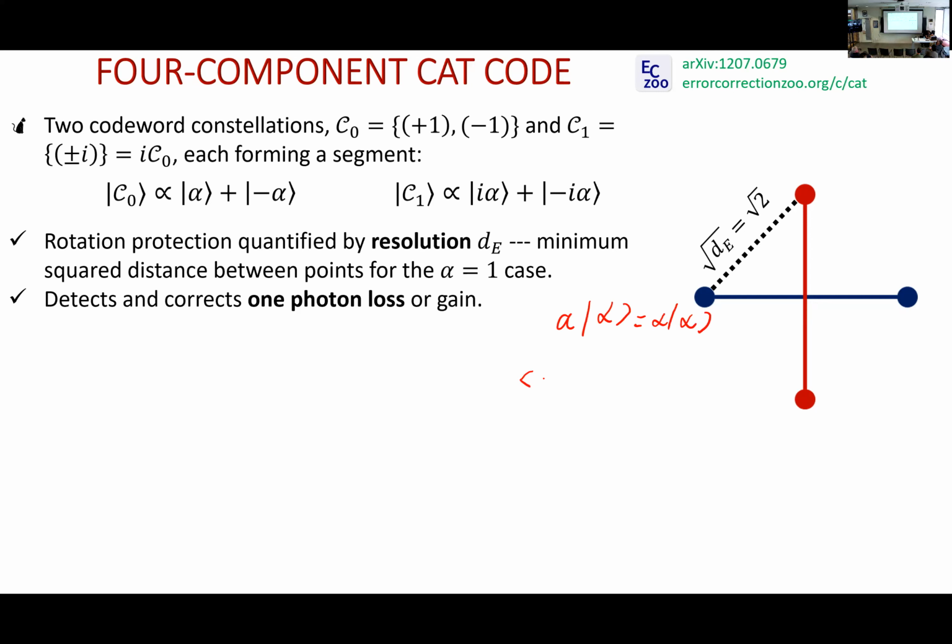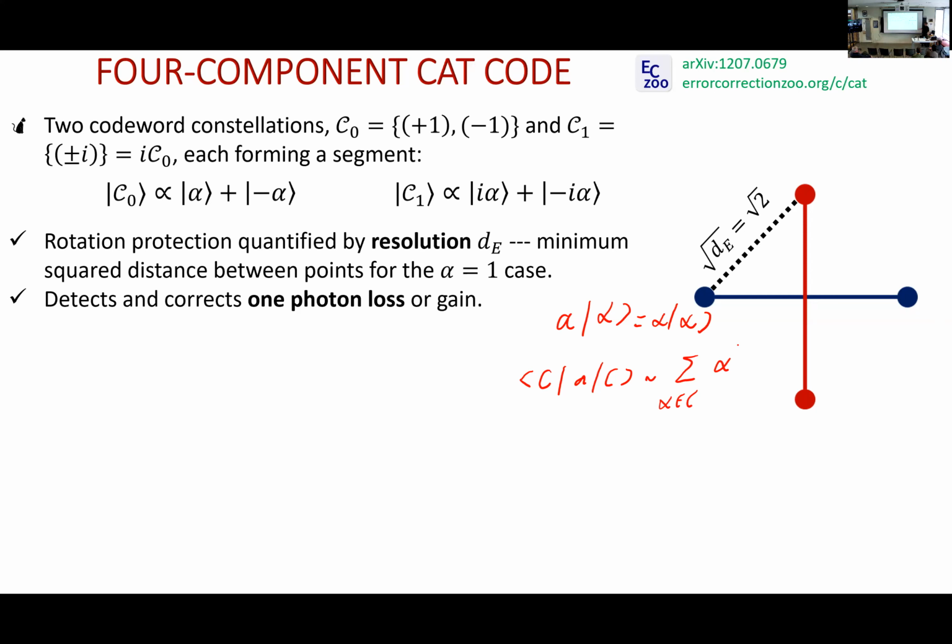When you look at what happens in a constellation, up to some normalization stuff, this is the average of points over the constellation, a function of the constellation averaged over the constellation. And you can think of this alpha as a potential function.